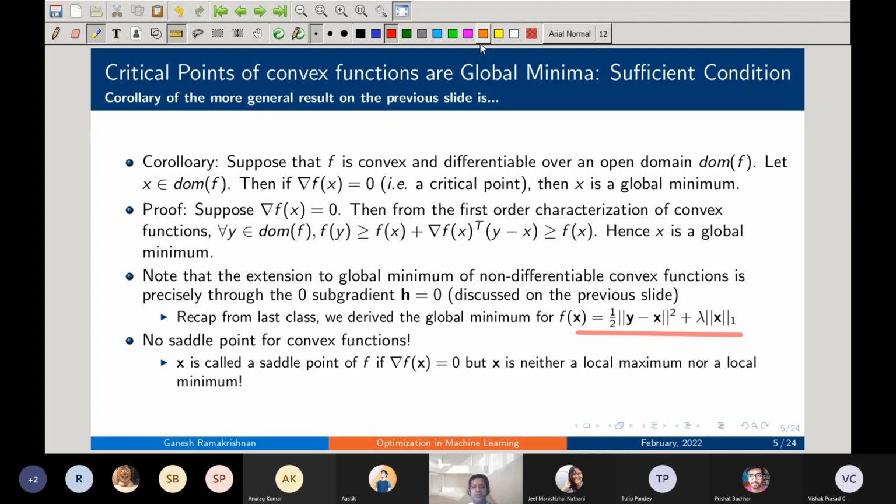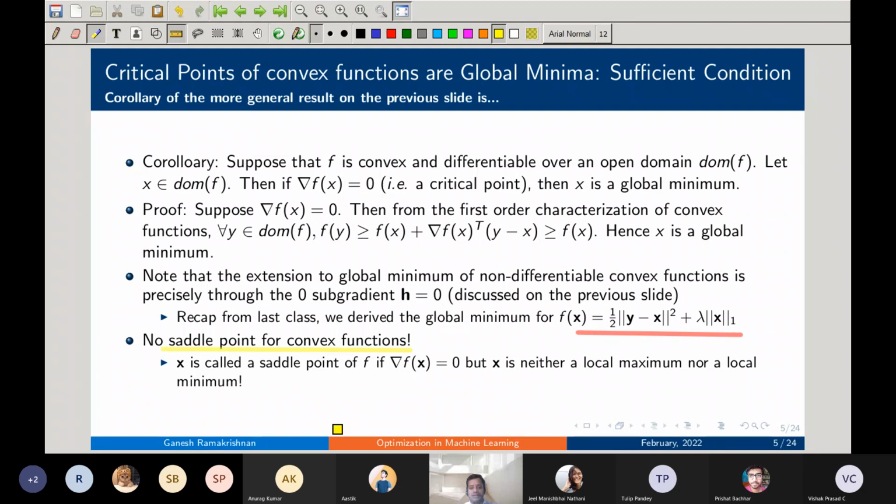But then we'll try and understand this notion of saddle points. Saddle points are interesting when you especially start talking about global minimum, local minimum, and their connection. One way of looking at saddle points is that the gradient vanishes, but the point x where it vanishes is neither a local maximum nor a local minimum.